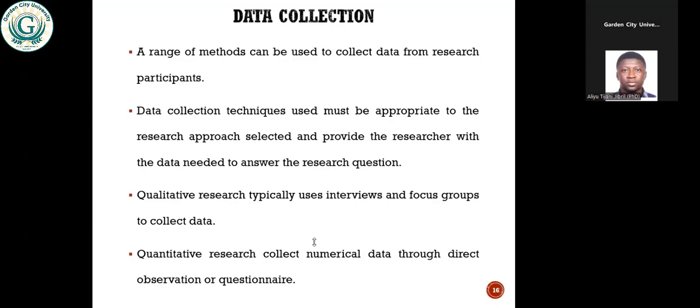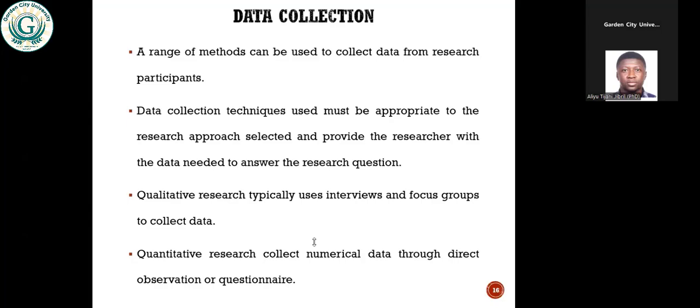So I should have a different group of people, administer the questionnaire to them, and then go back and analyze that data. Based on the analysis, there are some analyses we perform to see what we call the Cronbach's alpha. This determines if that particular questionnaire actually assesses the factor of interest. If it does not, then we have to keep on modifying it until it assesses that variable of interest.